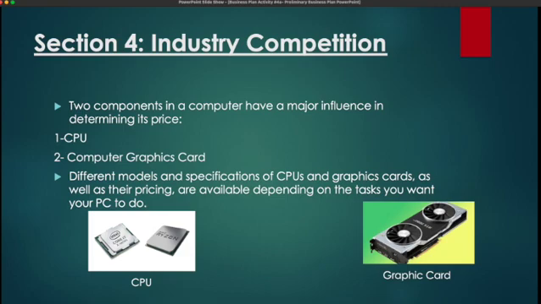There are different models of CPUs and graphic cards. They have their own price, capacity, and specifications, depending on the demands and the type of work and tasks you would like to do. Based on that, there will be a variety of series, models, and companies of CPUs and graphic cards.